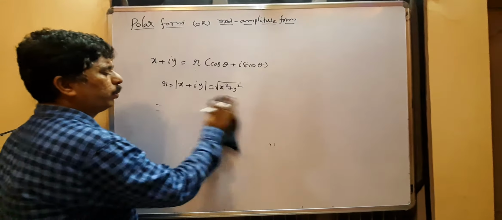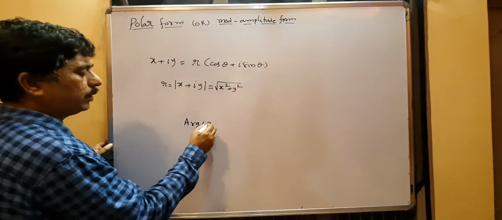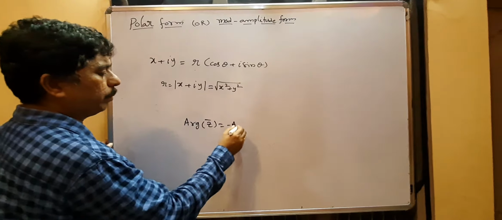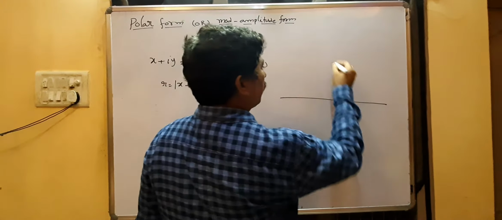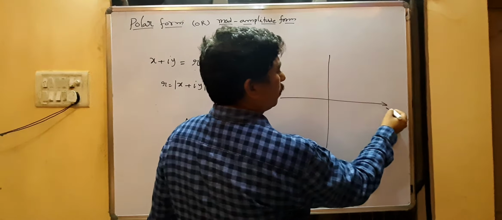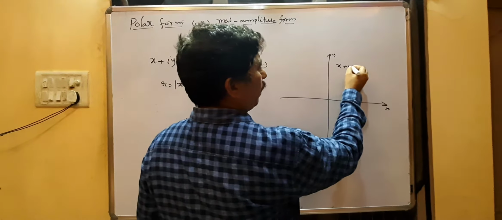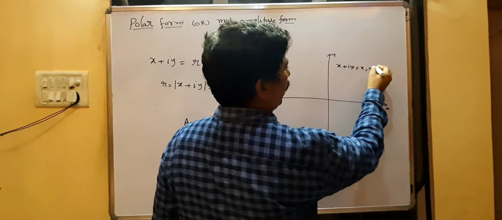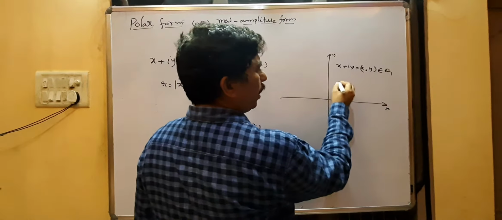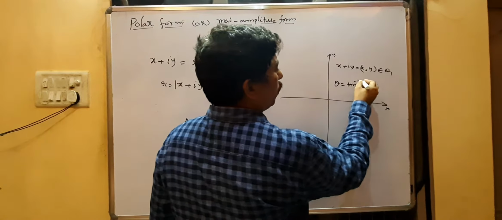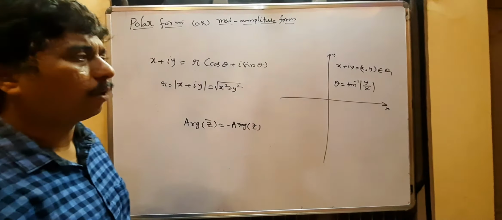I gave you on Saturday that the argument of z conjugate, the amplitude of z conjugate, is equal to minus argument of z. If the complex number lies in the first quadrant, in the form x plus iy, the real part is positive and the imaginary part is positive, then theta equals tan inverse of mod y by x.